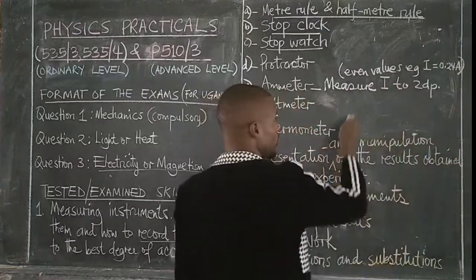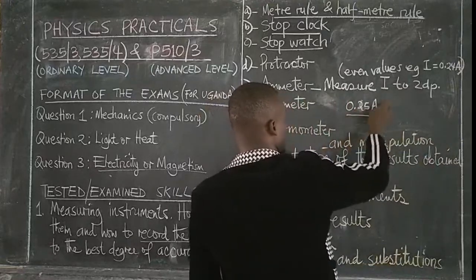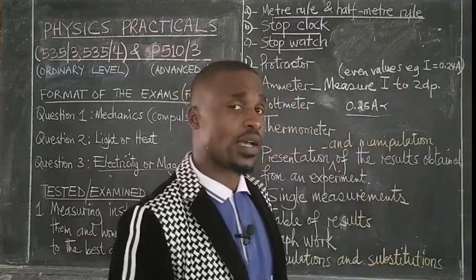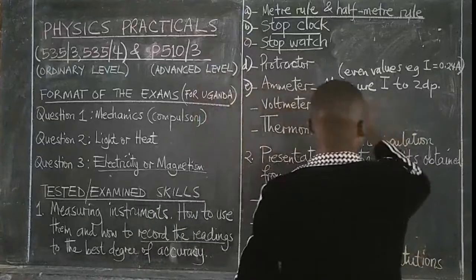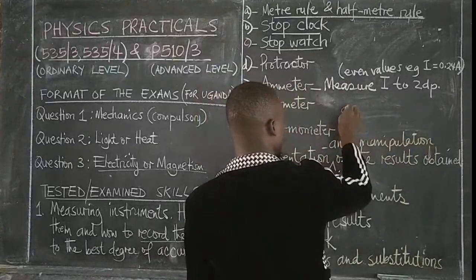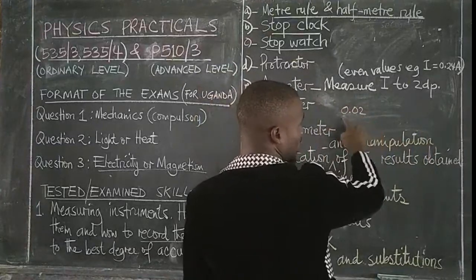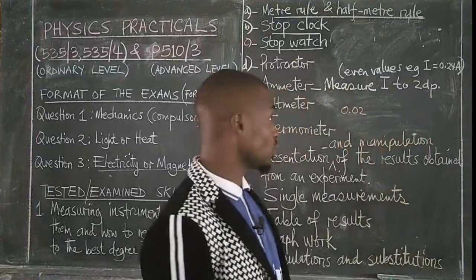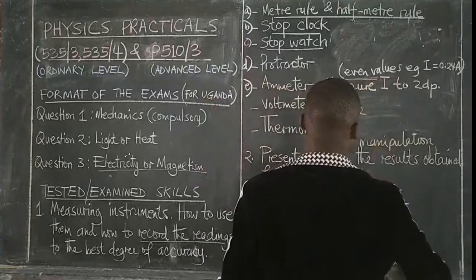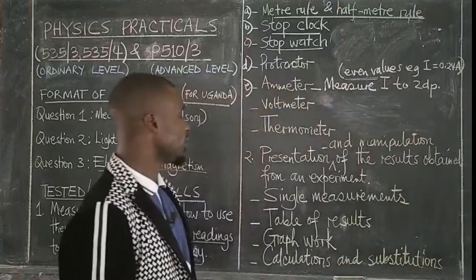If you measure and you obtained 0.25 amperes, that will be very wrong, because the question will be, how did you get that? The ammeters that we use have a least count, the value of one division, of 0.02. So this multiplied by any number of divisions will always give you an even value. Please observe that all ammeters should have their readings recorded as even values.